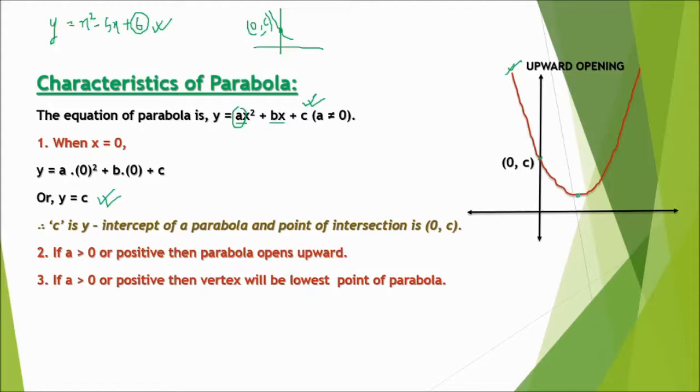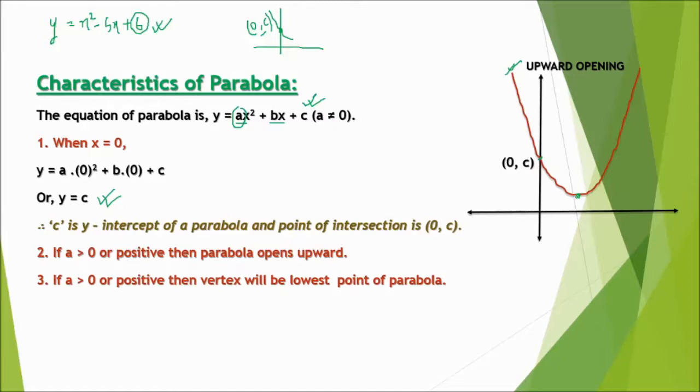Now the rest of all the points are above the vertex. Understood? So the vertex is the lowest point if a is greater than 0. Whichever point you take from the graph, it is above the vertex.